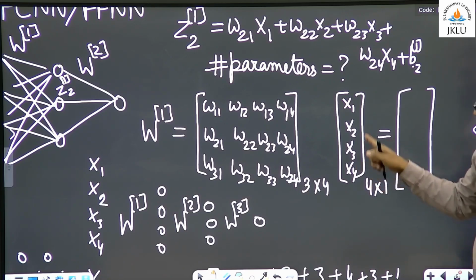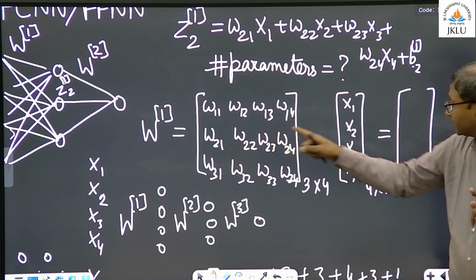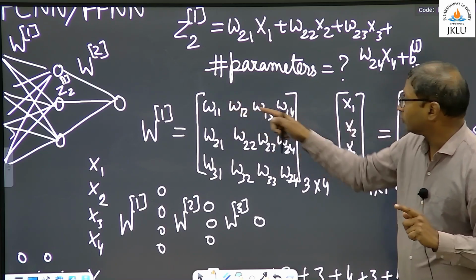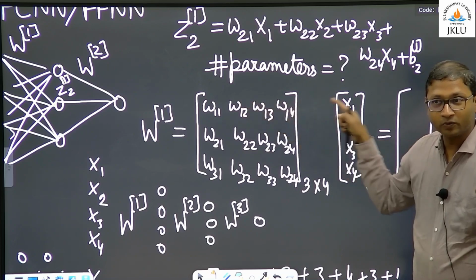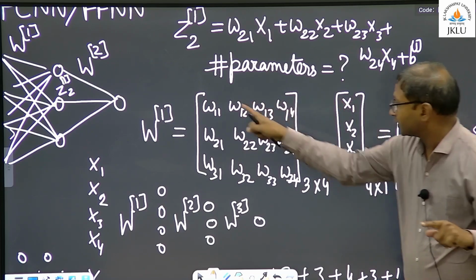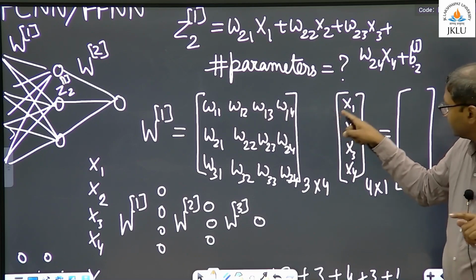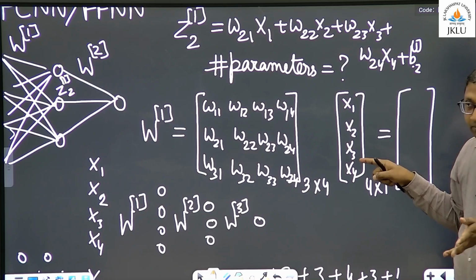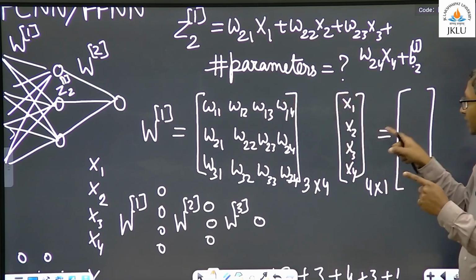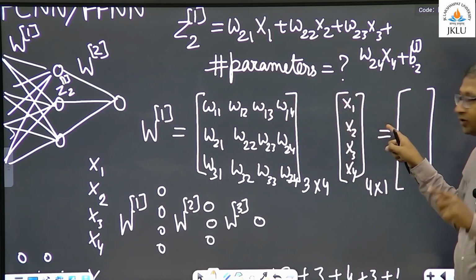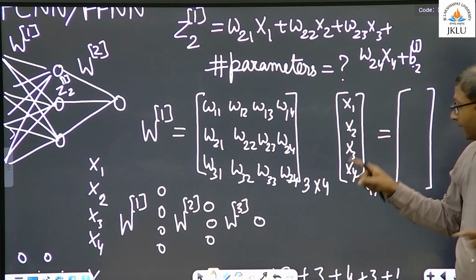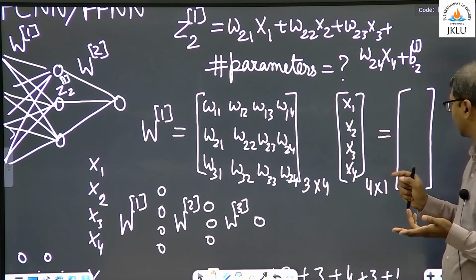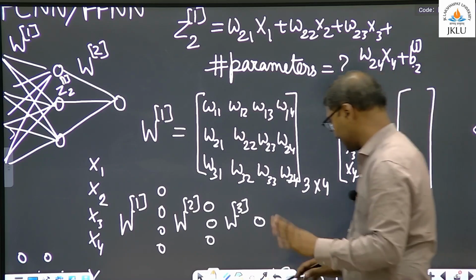All right. So this is what you have. Now W11, everybody knows how to multiply matrices. So this whole thing gets multiplied with this whole column element wise. You add them and then you add bias. I am not doing that here, or let me do that for the sake of completeness.